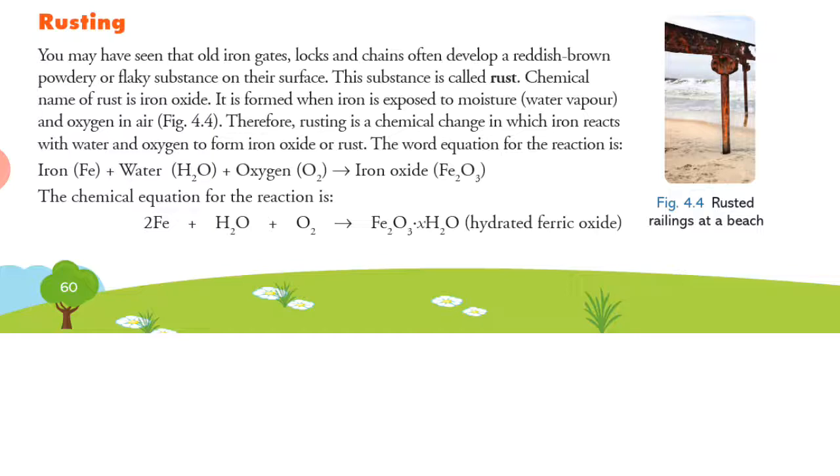Okay, the word equation for the reaction will be iron, denoted by its chemical symbol Fe, plus water, that is H2O, plus oxygen, they will form iron oxide Fe2O3, also known as ferric oxide.